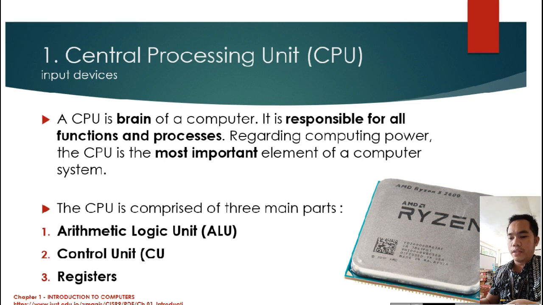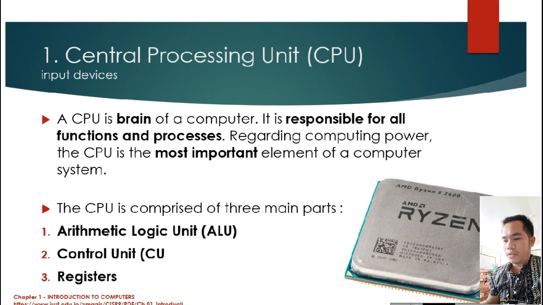I downloaded the PDF file and made a PPT from it. In other books there are more parts, so it varies. But the common parts are the arithmetic logic unit, the control unit, and the registers.